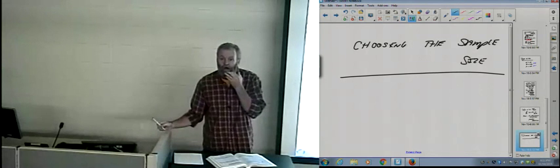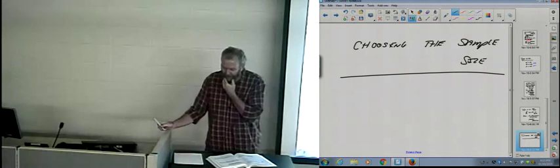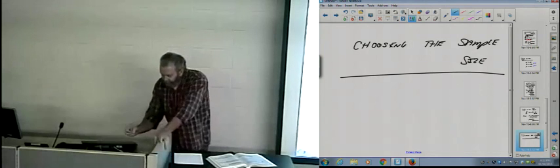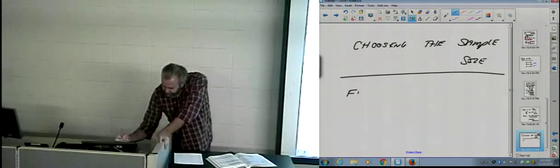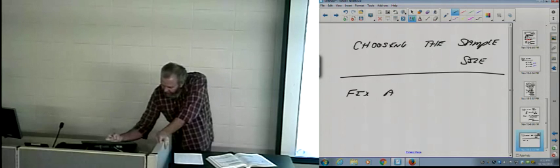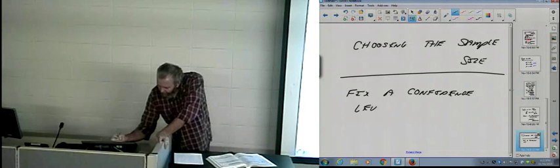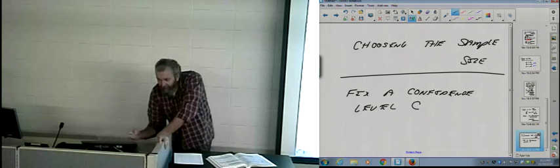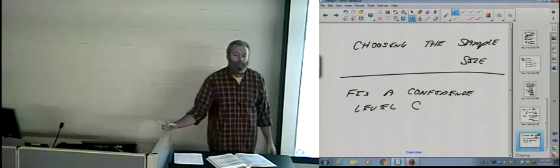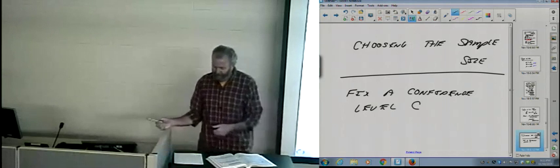This is where we're going to do a confidence interval. Okay? Here's what we're going to do. We're going to fix a confidence level. In other words, we know what confidence level we want to use, whether it's 90, 95, that we can work with, right? Whatever it is.